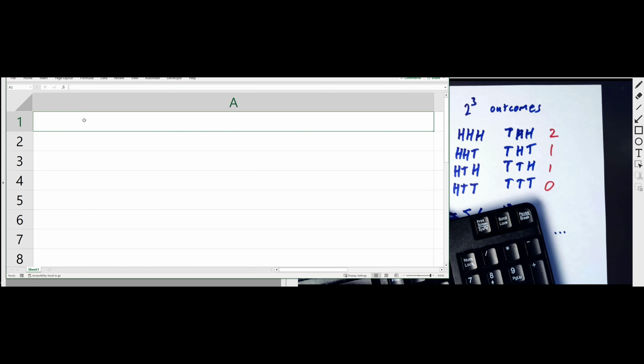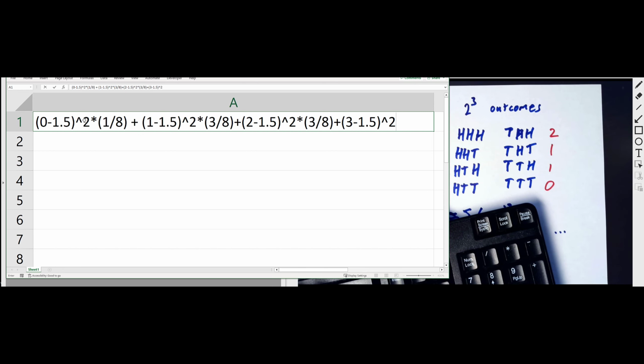Okay, so this is going to be 0 minus 1.5 squared times 1/8 plus 1 minus 1.5 squared times 3/8 plus 2 minus 1.5 squared times 3/8 plus 3 minus 1.5 squared times 1/8.